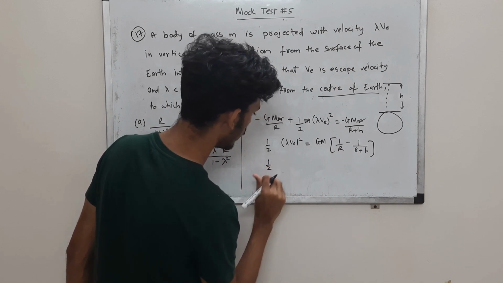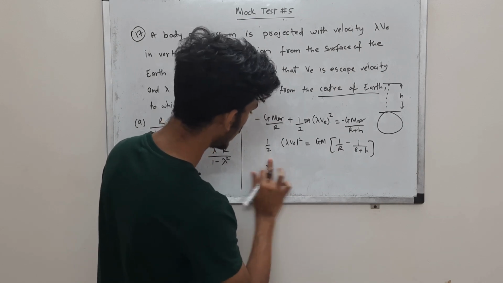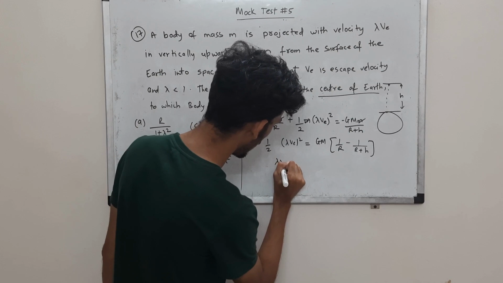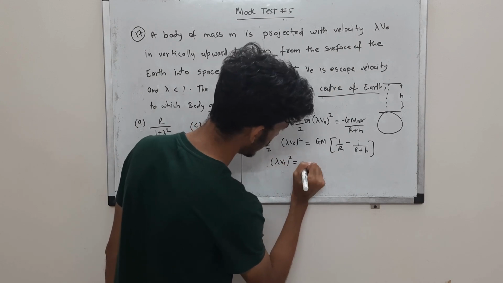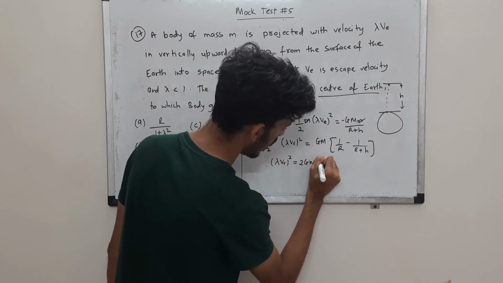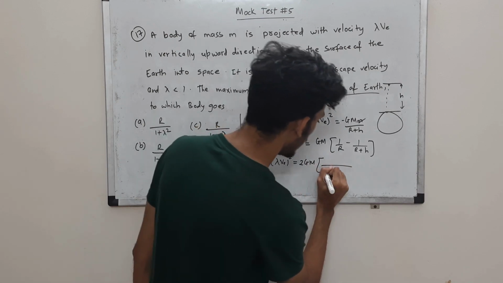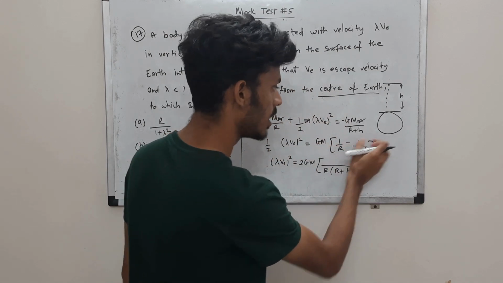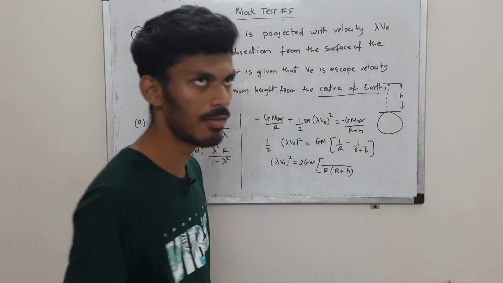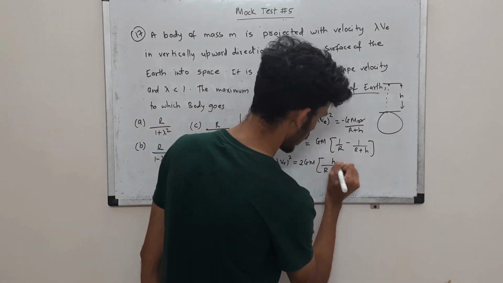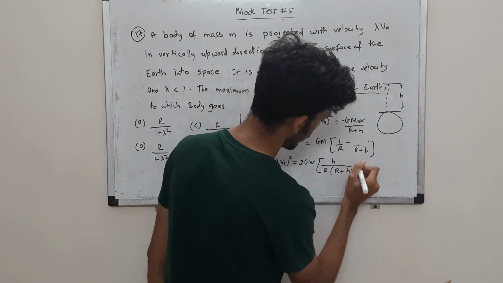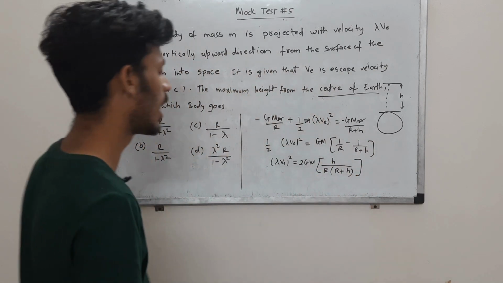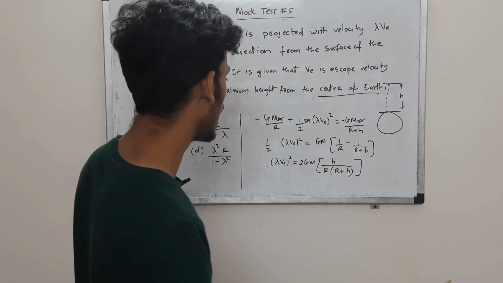Now let us simplify that further. The half we can multiply by 2. So we'll take lambda Ve square as 2GM, and here we'll have R into R plus h, and R plus h minus R will be h. R and minus R get cancelled. So this is what we get.